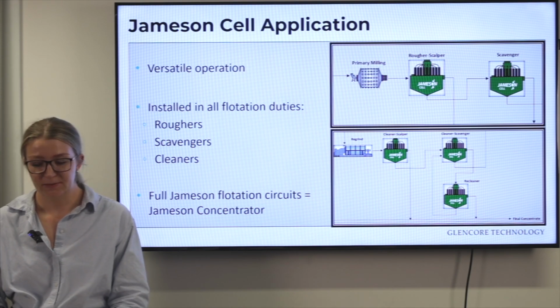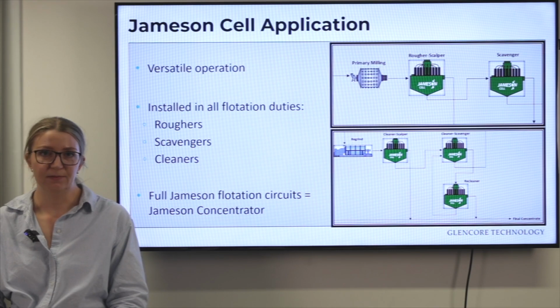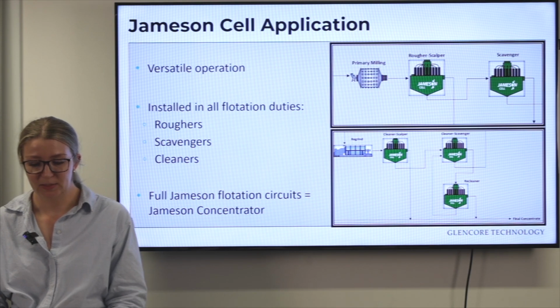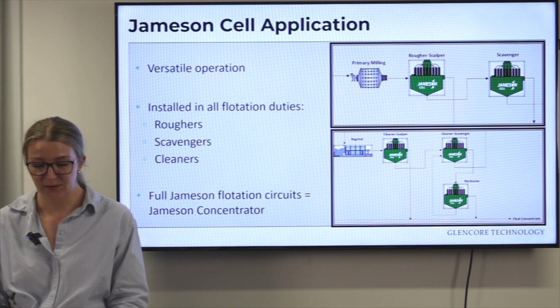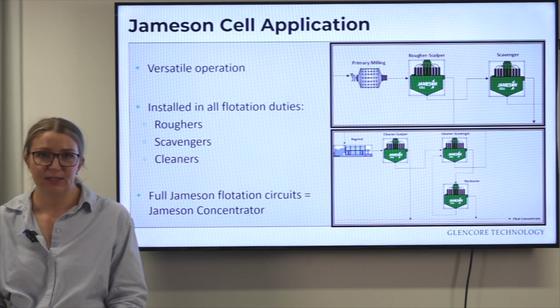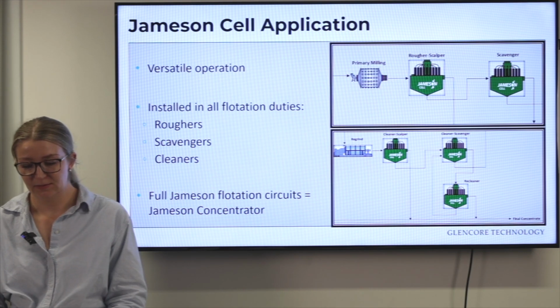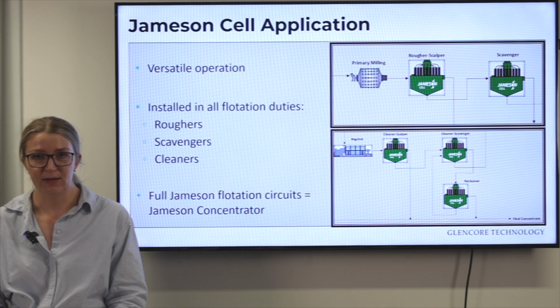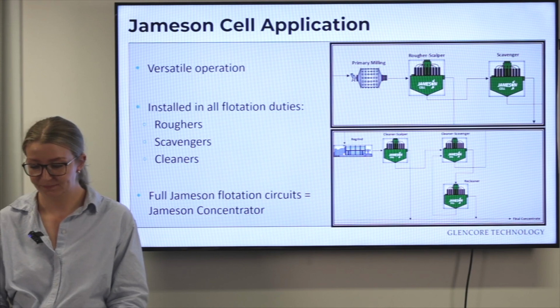The second cell in the rougher circuit, the scavenger, focuses on recovering the remainder of the material in that stream. Now looking at the cleaner circuit, we have a cleaner scalper that's able to produce a final concentrate grade from the freshly liberated material from regrind and send that to final concentrate. The cleaner scavenger then takes the remainder of the material and recovers this with the upgrade to final concentrate grade in the recleaner cell.